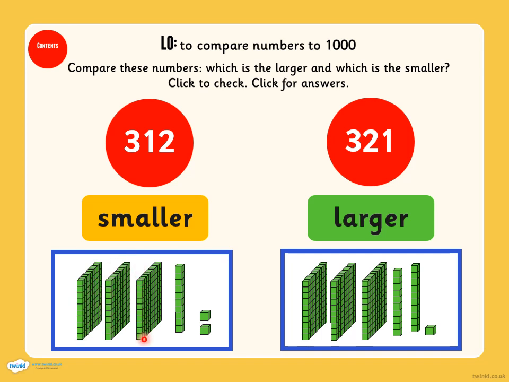And then we've got one row of tens, and 2 ones. So 312. All right, let's do that with the other number. We've again got 300, so 100, 200, 300, and then we can count by tens, 10, 20, and 1. So 321.